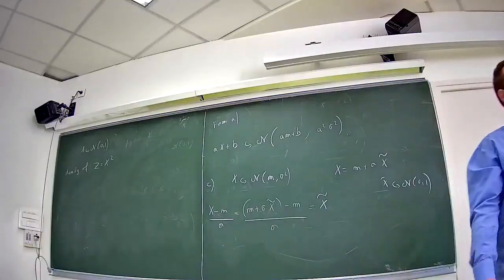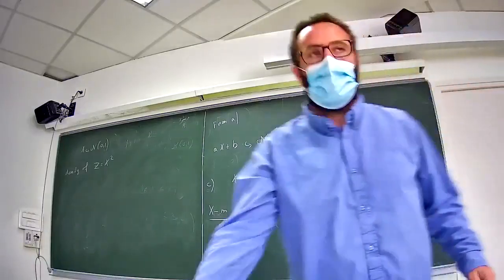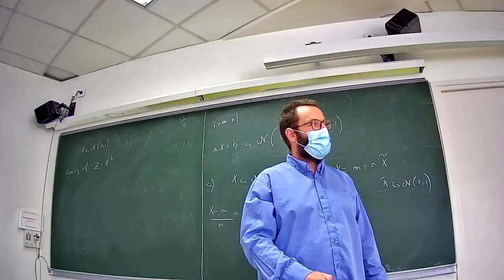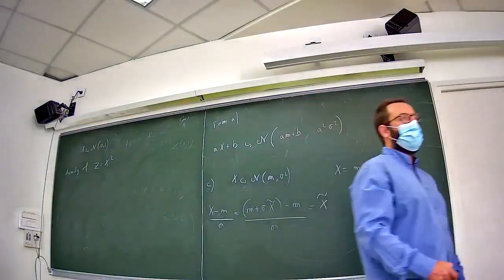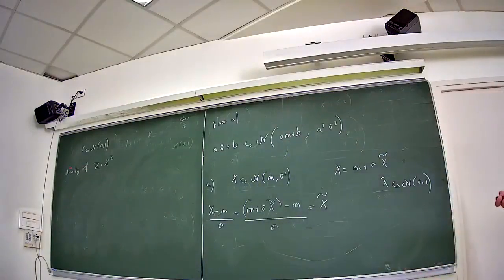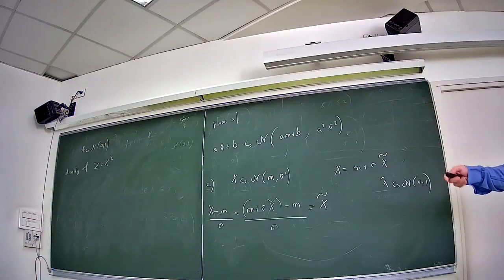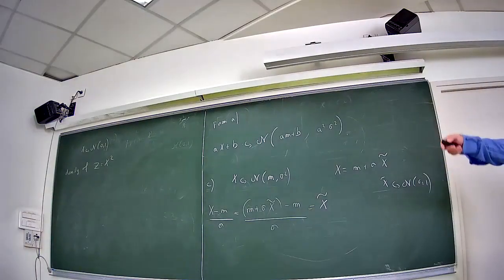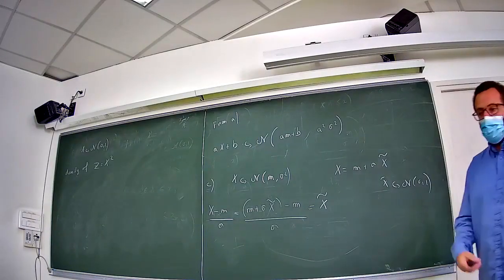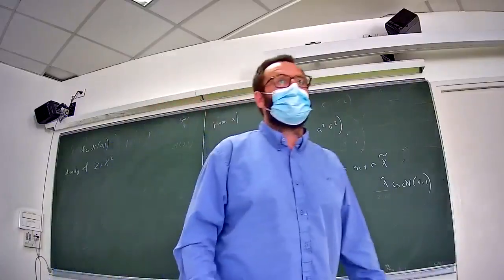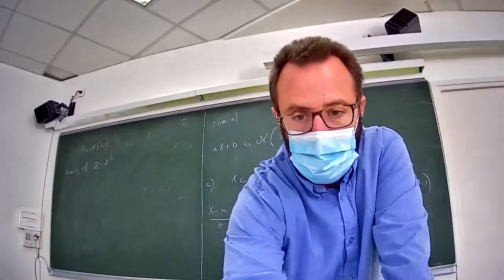And the techniques will be the ones related to this proposition here. So you are going to try to find the distribution function of z. And once you have found the distribution function of z, you will compute its derivative that will give you the density function according to what I have written here. I just want you to do it by yourself to see what happens. So do it with a pen, with a paper.